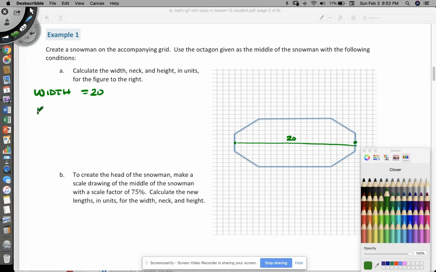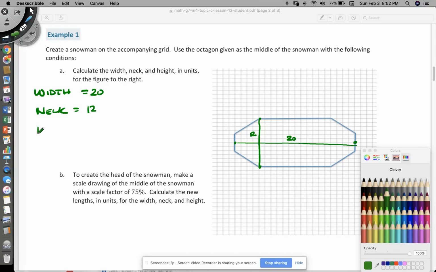And then we have the neck. Now the neck is from here to here. And if you count up all these units in between, you should get 12. Oh, excuse me, I actually solved for the height there.